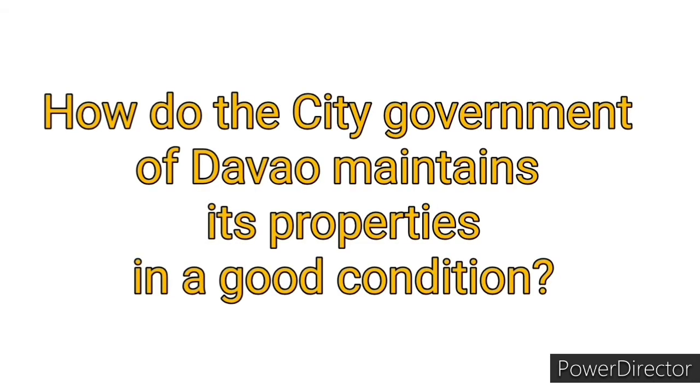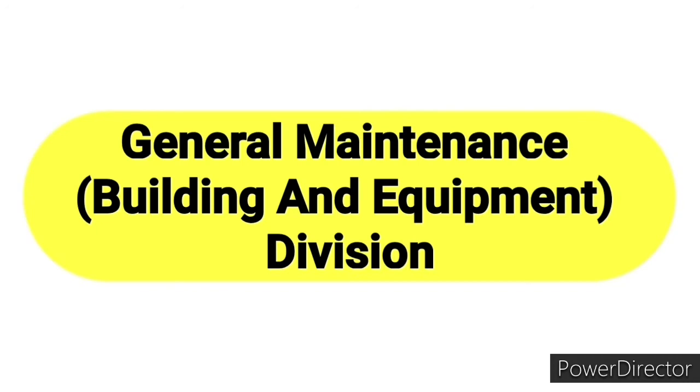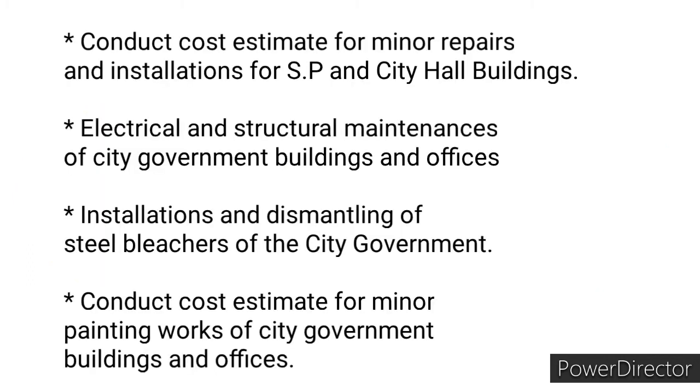Now, how does the city government of Davao maintain its properties in good condition? To answer that question, let's go to the CGSO's General Maintenance Building and Equipment Division. This division conducts cost estimates for minor repairs and installations for SP and City Hall buildings.